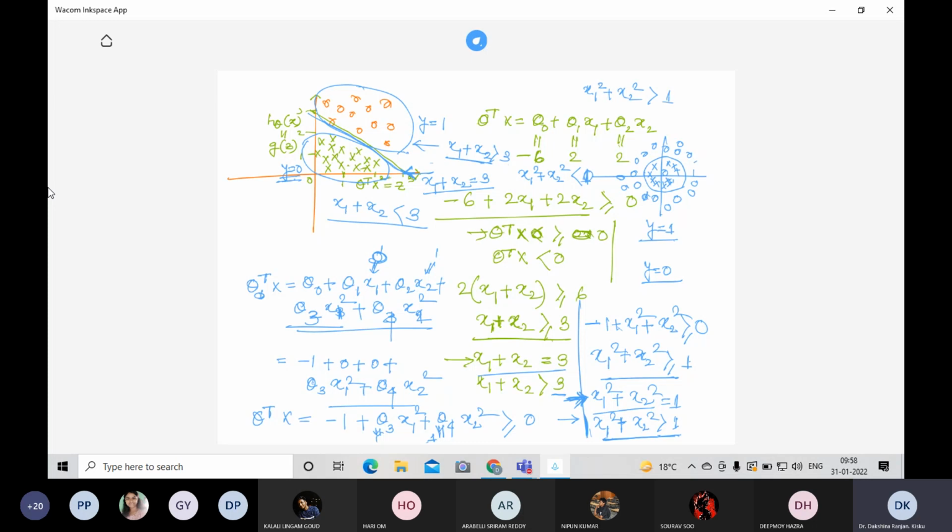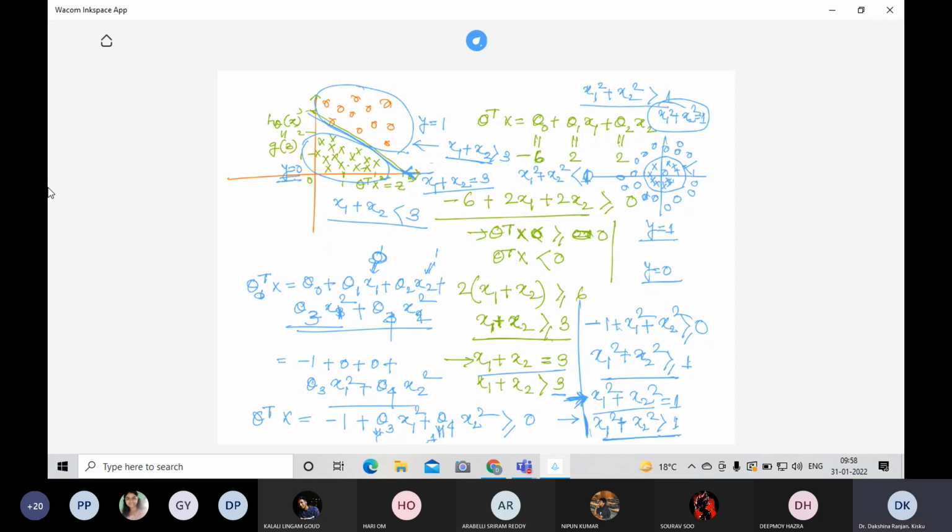The equation of this circle is x1 square plus x2 square equals 1. This is our decision boundary, and the points found outside the circle will have x1 square plus x2 square greater than 1.